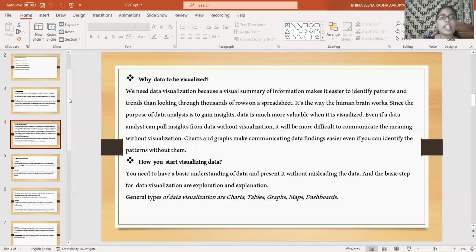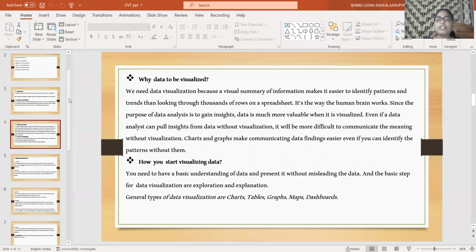Since the purpose of data analysis is to gain insights, data is much more valuable when it is visualized. Even if a data analyst can pull insights from the data without visualization, it will be more difficult to communicate the meaning without visualization. Charts and graphs make communicating data findings easier even if you can identify the patterns without them. Why? What is the purpose of data to be visualized?